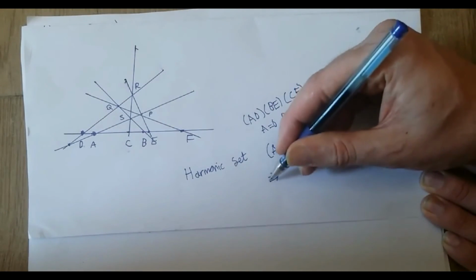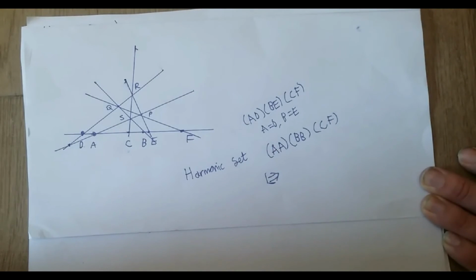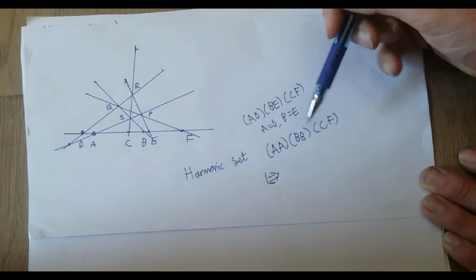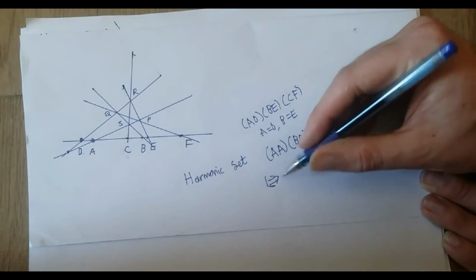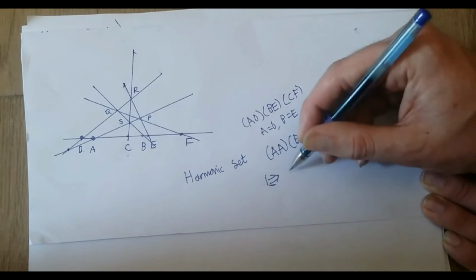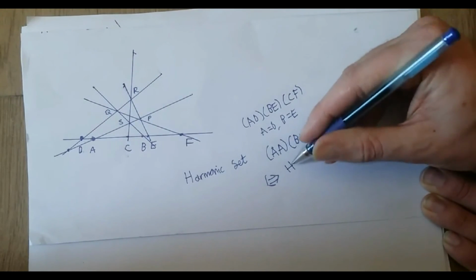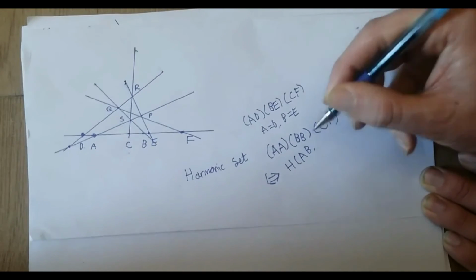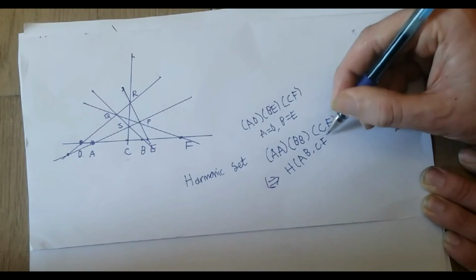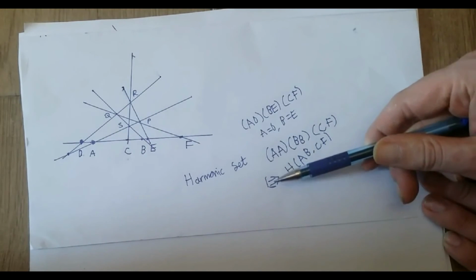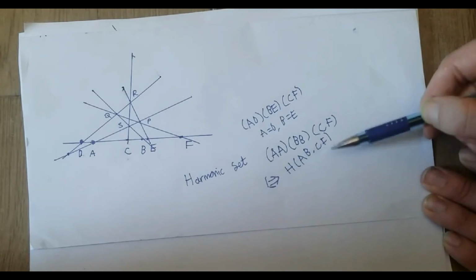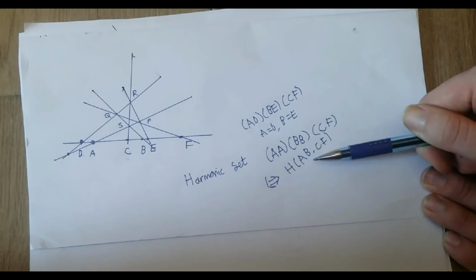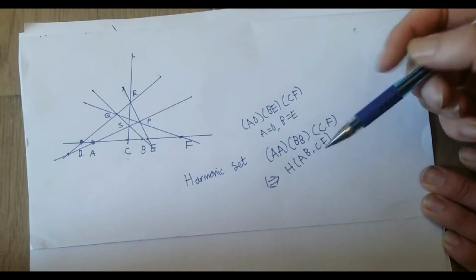And we have shorthand for this because it's a very important idea. To denote that these 4 points constitute a harmonic set, we write H(AB, CF). I use this notation to mean if and only if, and this is just shorthand for saying that the points A, B, C and F form a harmonic set.